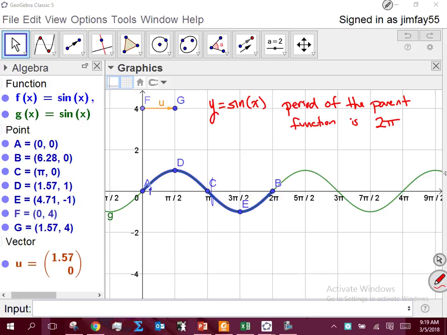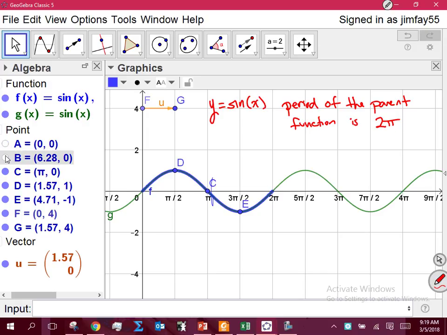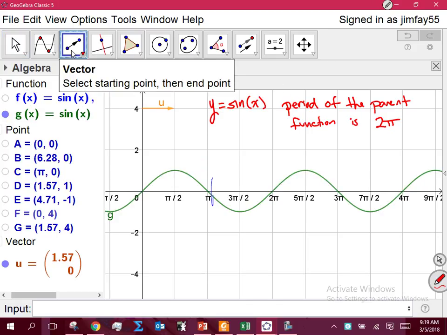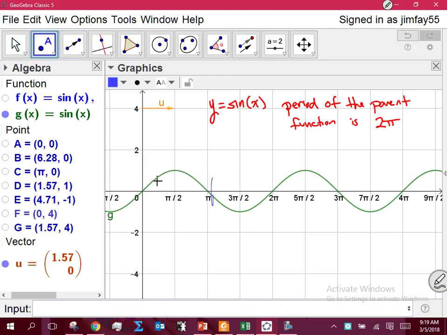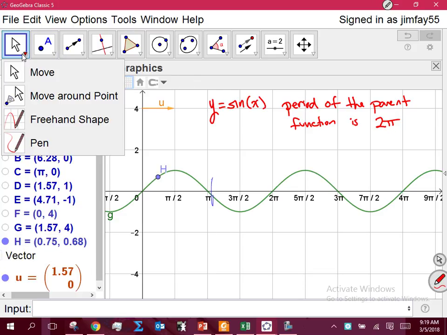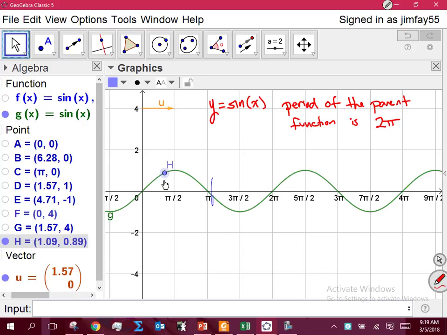So let's say that I take a distance. Let me get rid of some of these points on here. So I got this point H here, and H I can move anywhere I want to on the curve.